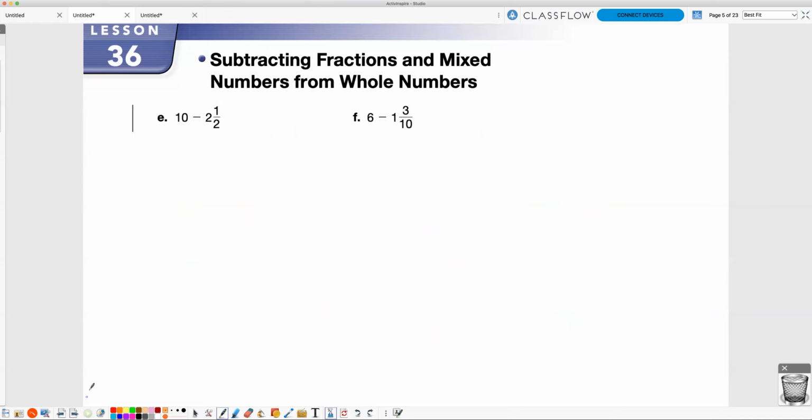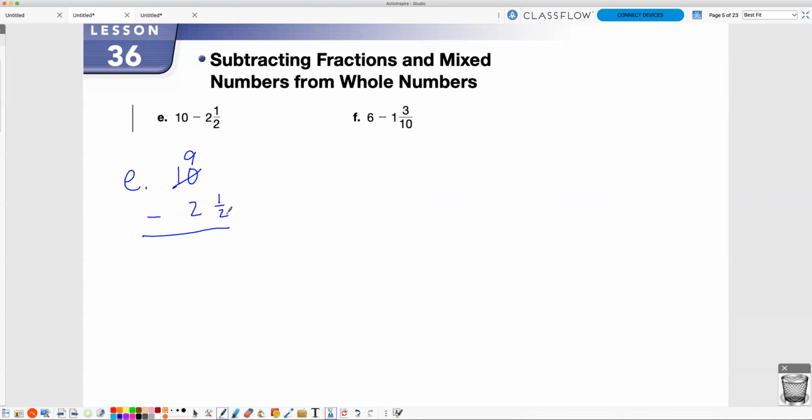All right, let's try some more. Letter E. In this one, it's 10 minus 2.5. Go ahead and do that. So again, I'm going to write 10 as the whole value, and then I have to have 2.5. And I'm going to write it vertically like this. I'm going to borrow or rename this. This will be 9. I'm going to borrow one set to put into the fraction portion.